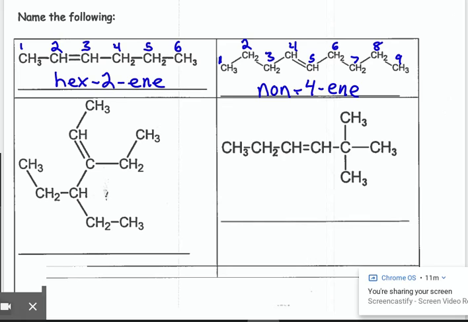Looking at this, it's pretty obvious that we're going to number our parent chain 1, 2, 3, and then we have to figure out which way to go.